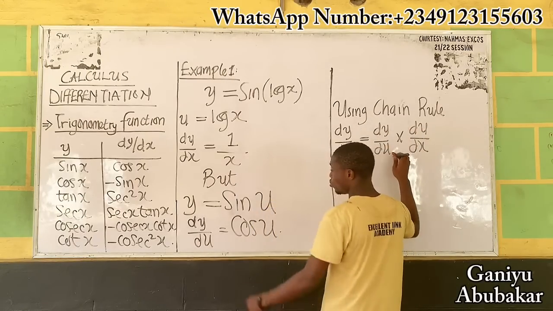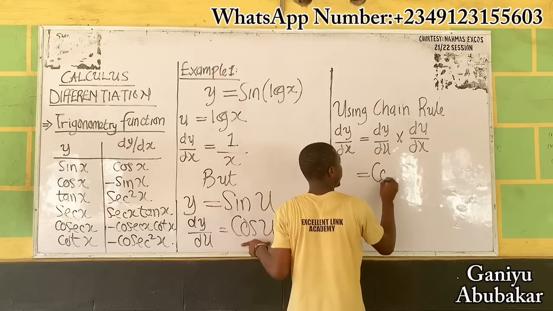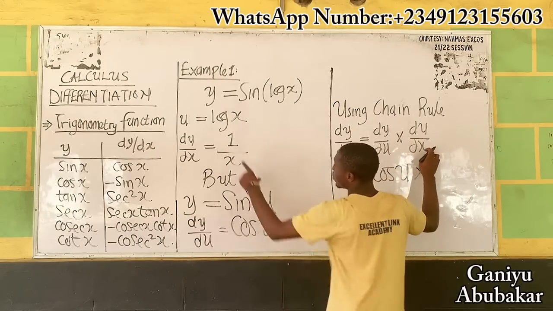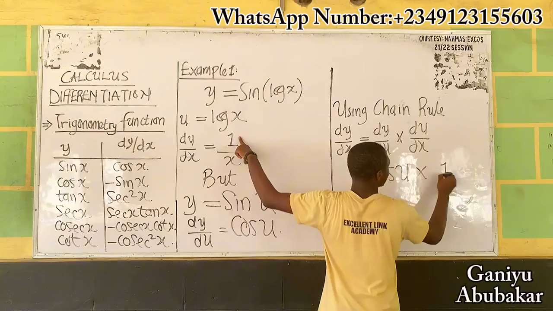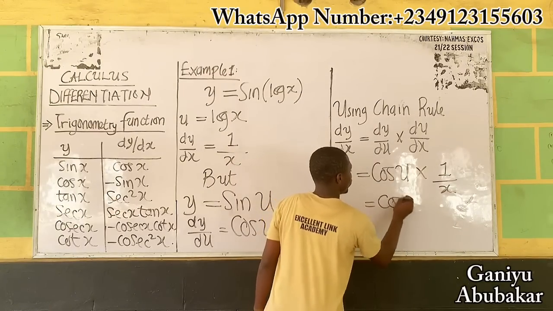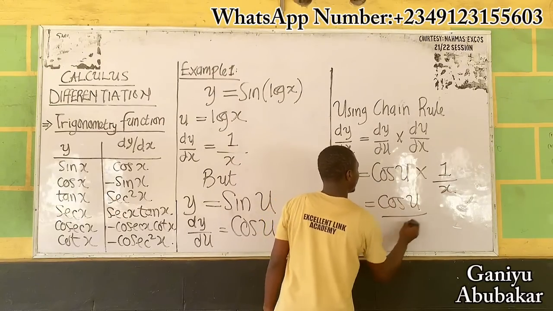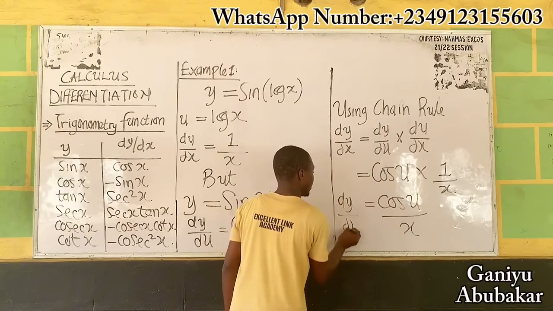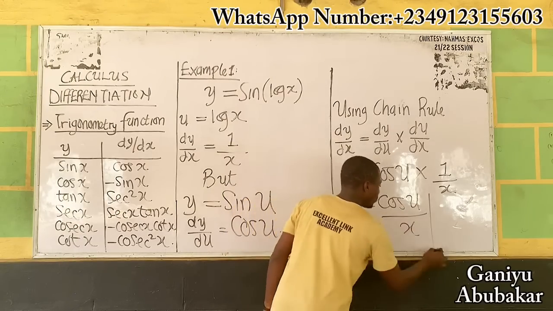The dy over du is cos u, so I have cos u times du over dx, which is 1 over x. Multiplying this, I'll have cos u over x. That's dy over dx. But this answer is not proper.